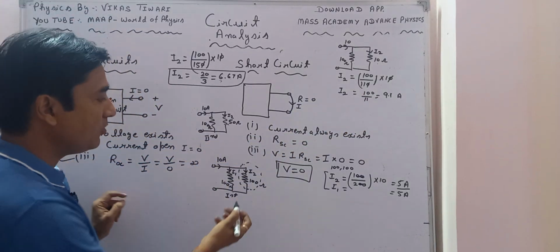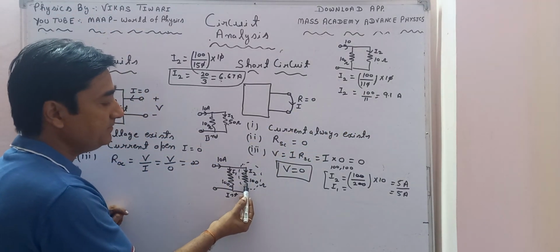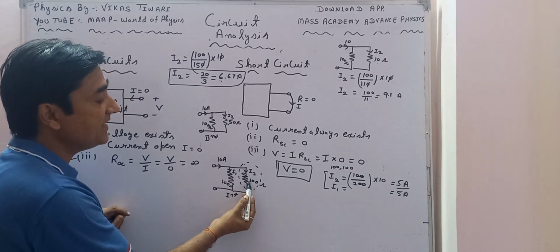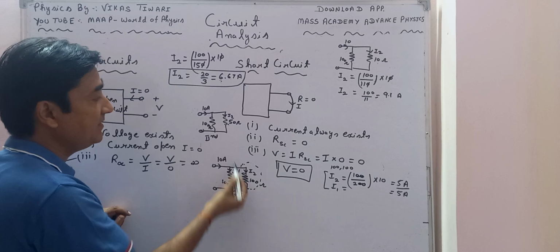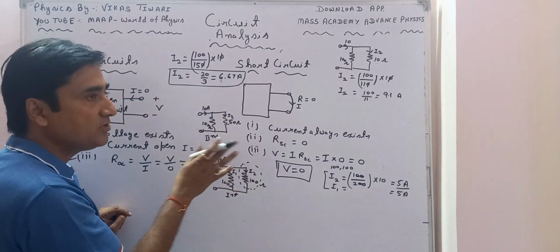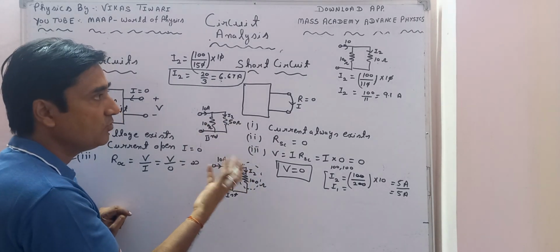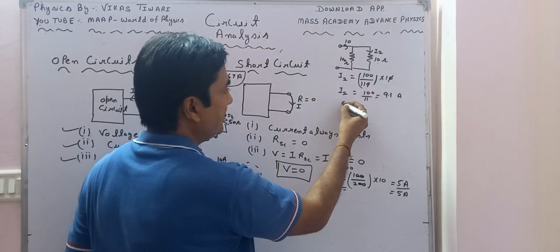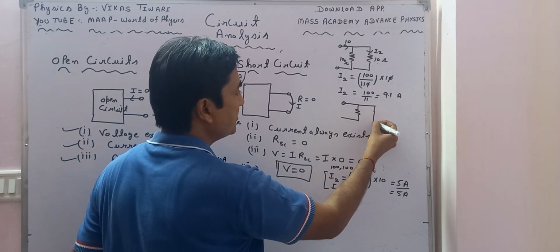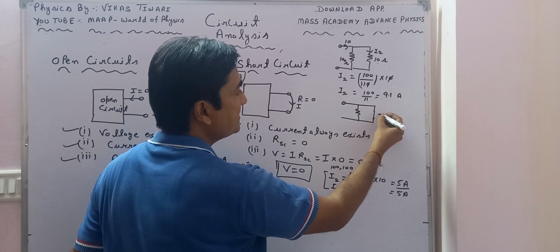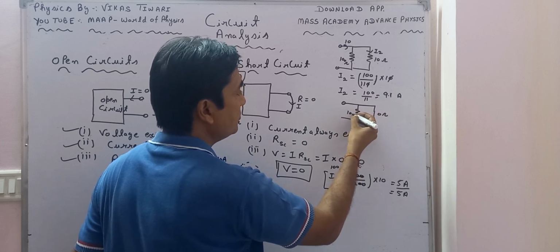So what we are observing is that as soon as the resistance decreases, the value of current increases. Resistance decreases, current increases. Ideally, consider when I put a short circuit, meaning a 0 ohm resistance is placed over here.